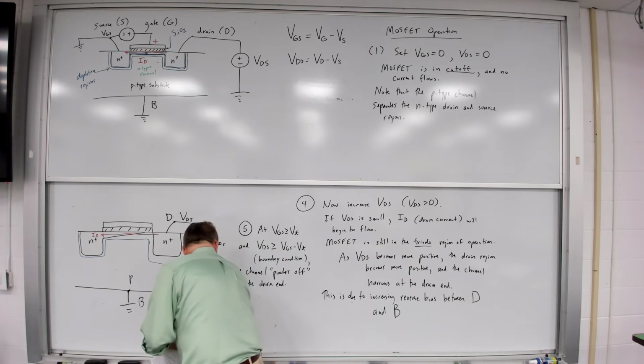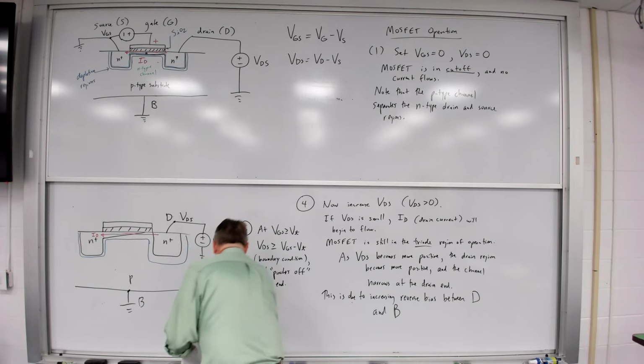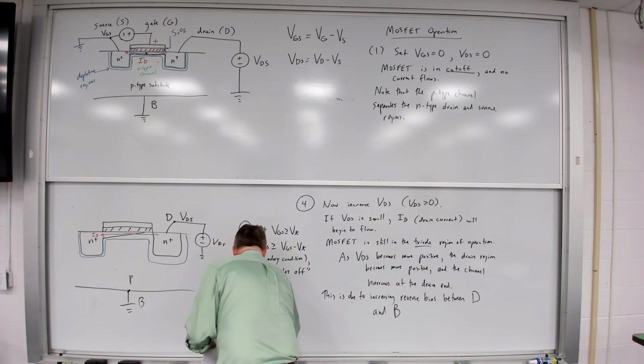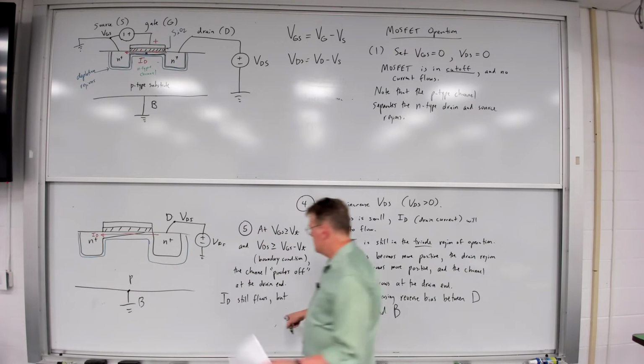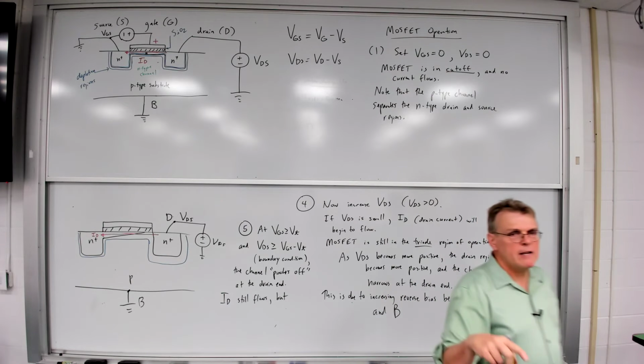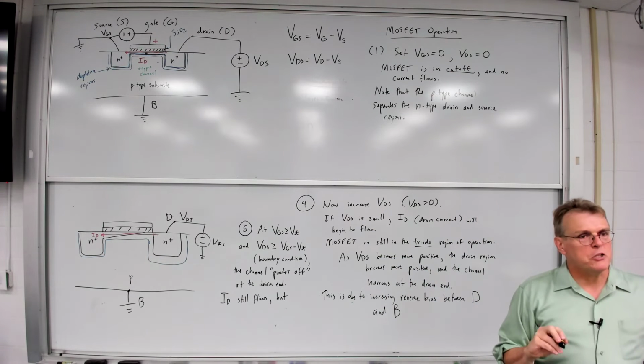So here, ID still flows, but further increases in VDS does not change the geometry of the channel.